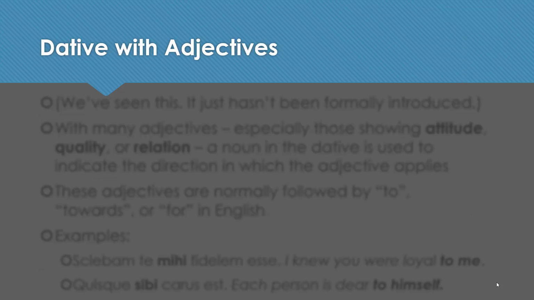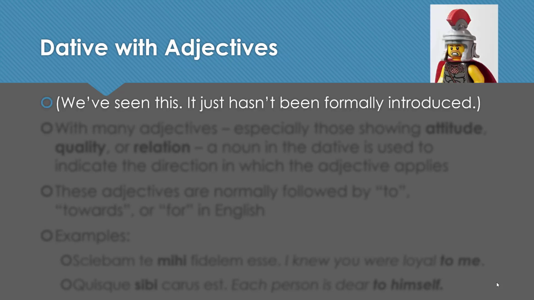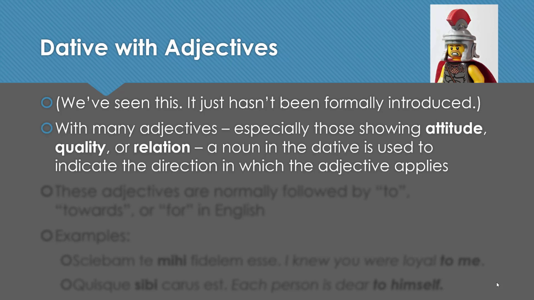Okay, so starting with datives with adjectives. We've seen this, it just hasn't been formally introduced yet. So we've seen this before where it's like, hey, remember we've seen this thing before? Well, here's what it actually is really called. So the idea is that many adjectives, especially if they're showing an attitude or a quality or a relationship between things, with those adjectives, a noun is going to be used in the dative to indicate the direction in which that adjective applies, or where that is being pointed towards.